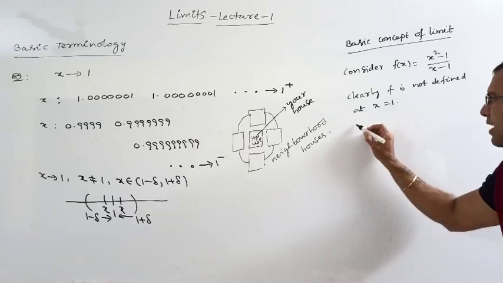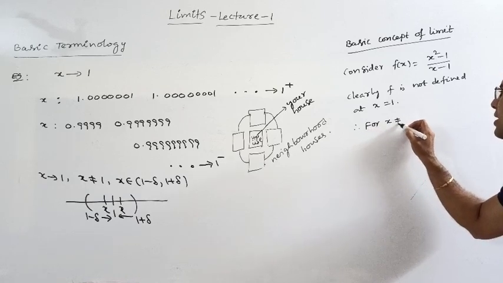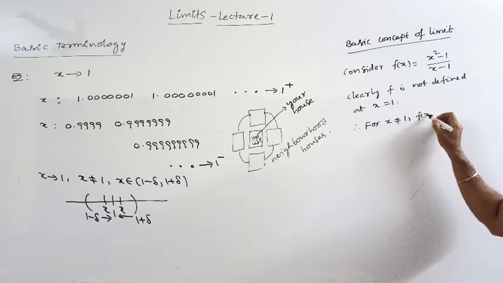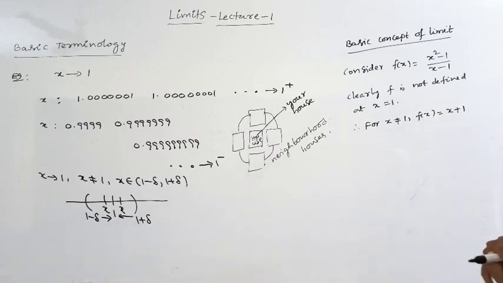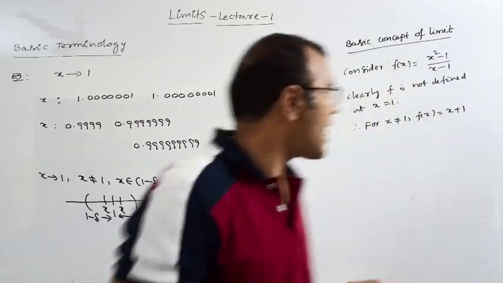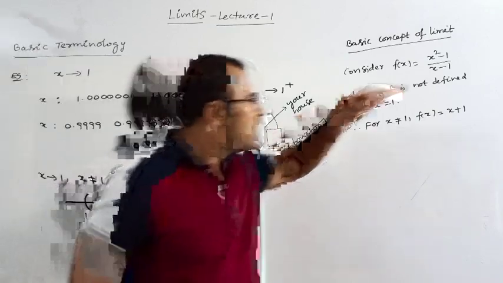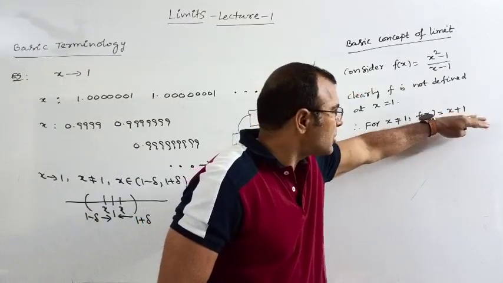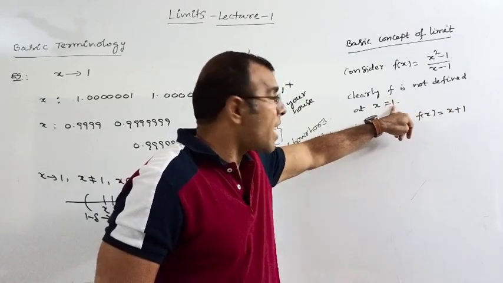So therefore for x not equal to 1, you will have f of x equal to x plus 1. Even though the function is not defined at x equal to 1, we may have a curiosity: what will be the approaching value of x plus 1 as we approach 1?